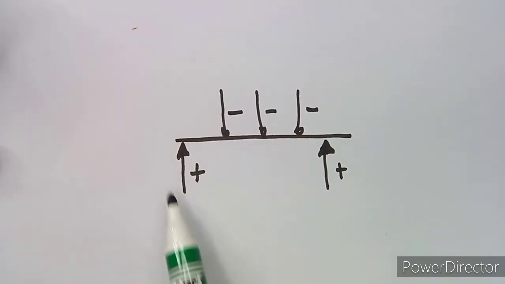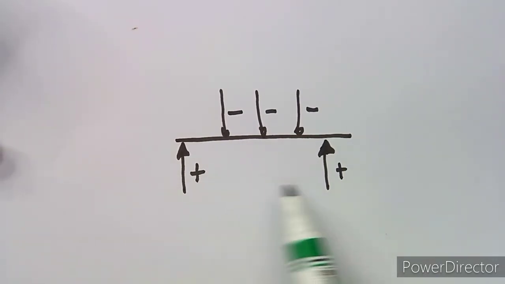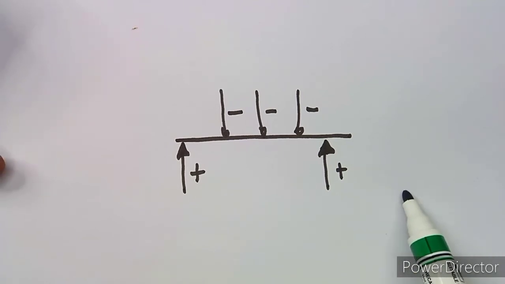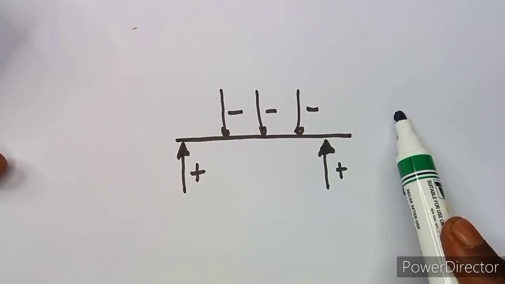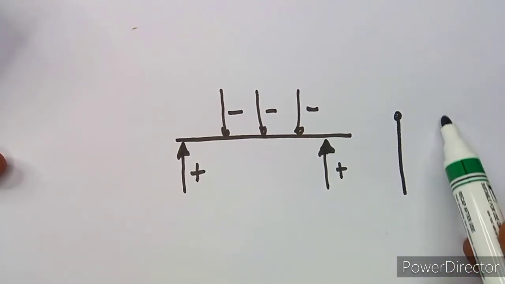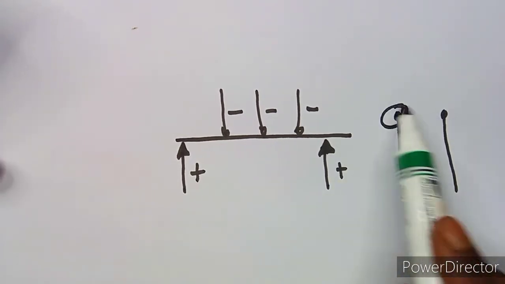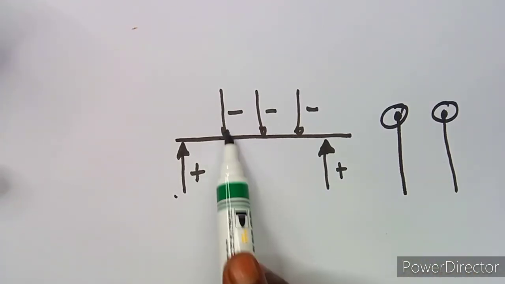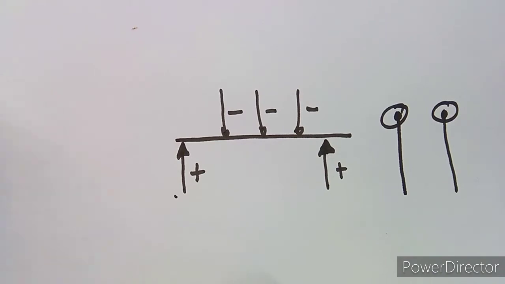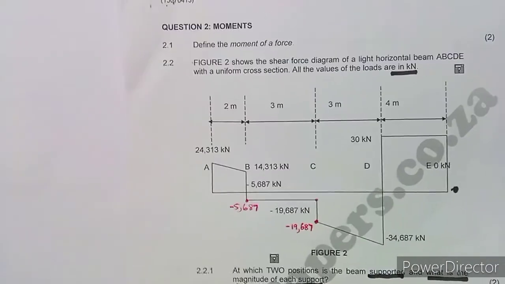Meaning to locate a support, you are supposed to locate a place where on the shear force diagram you are going upwards. Always when you are going upwards, that is a representation of the supports, because all the other forces will be going downwards. So let us locate using this condition.